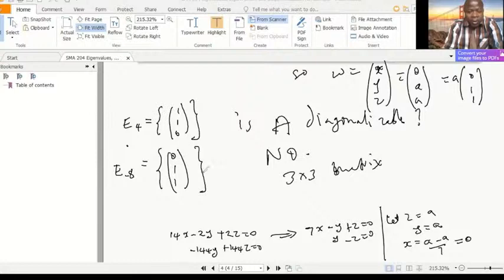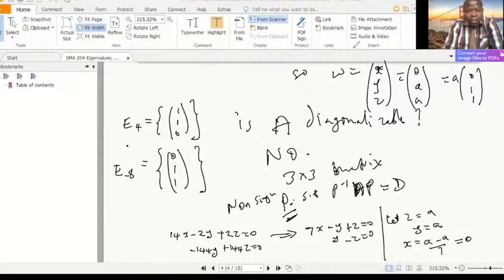But we only have 2 eigenvectors, so this matrix is not diagonalizable. Therefore, we cannot find a diagonalizing matrix P, such that P inverse times A times P is D.